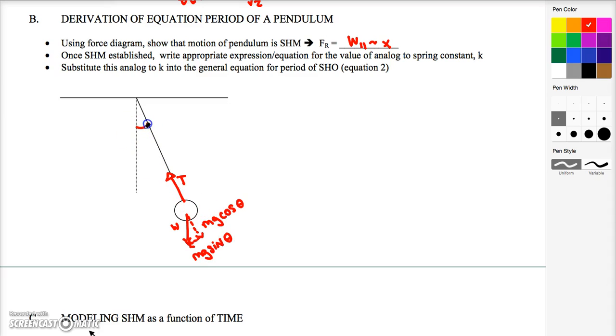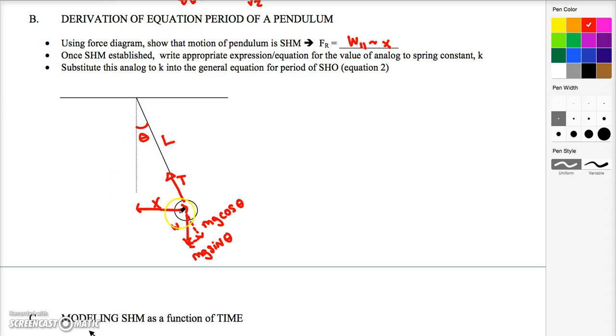And if we have an angle here of theta, then the distance away from the equilibrium position we'll call x. And let's call the length of the string L.